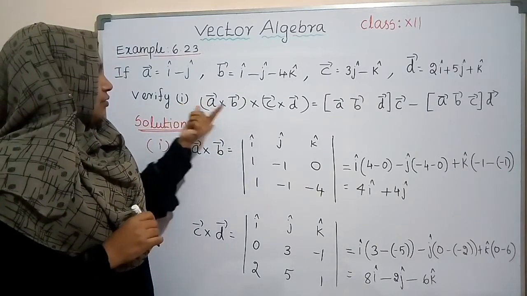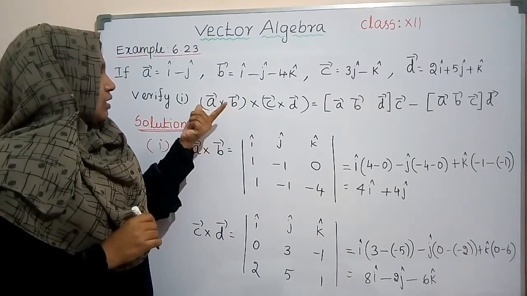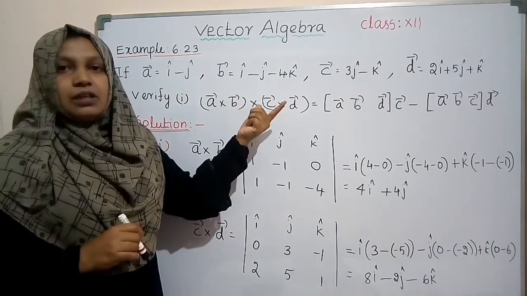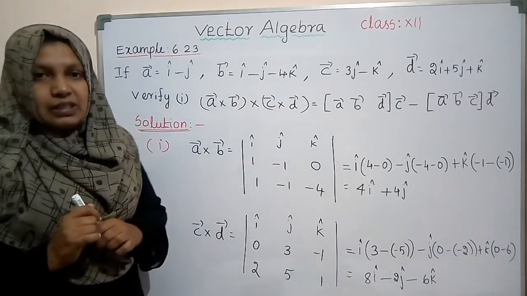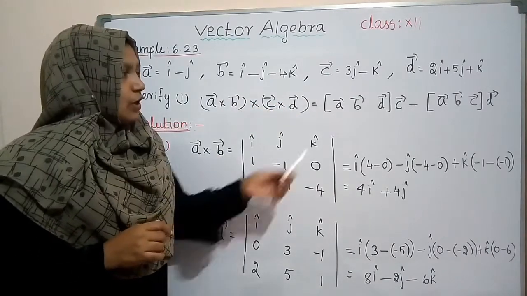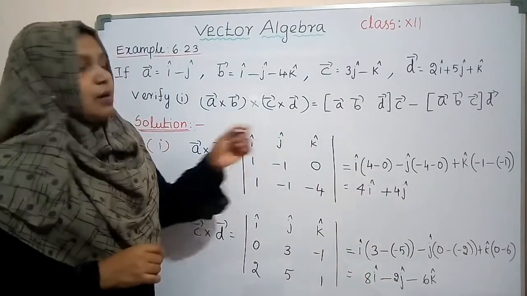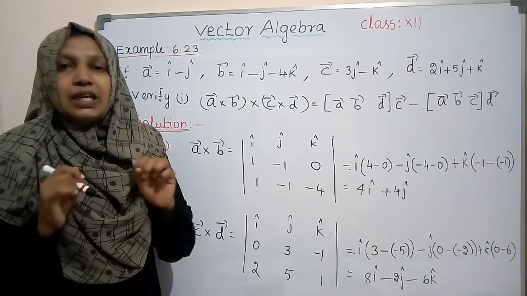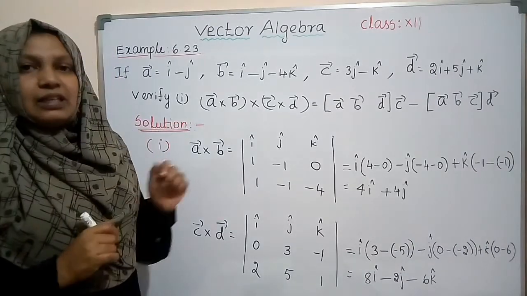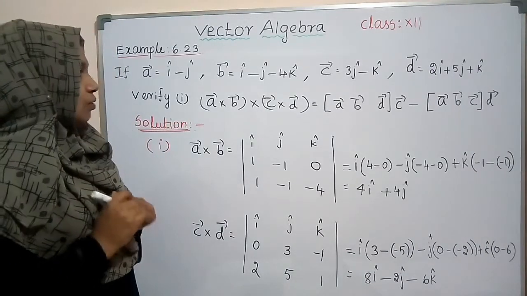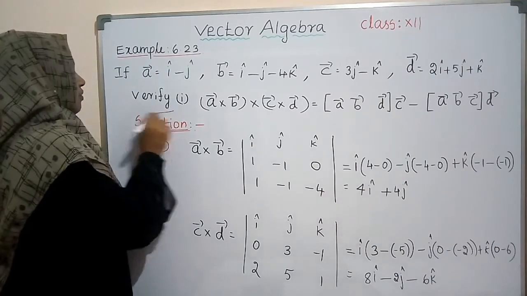Here I wrote only the first subdivision, which is a vector cross b vector cross c vector cross d vector is equal to box product of a vector, b vector, d vector into c vector minus box product of a vector, b vector, c vector into d vector.